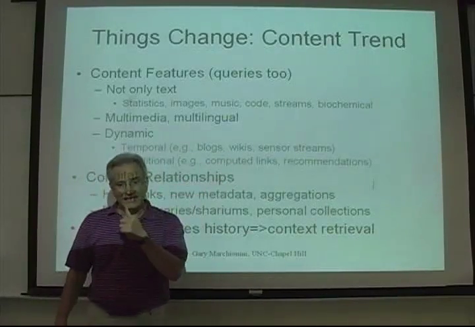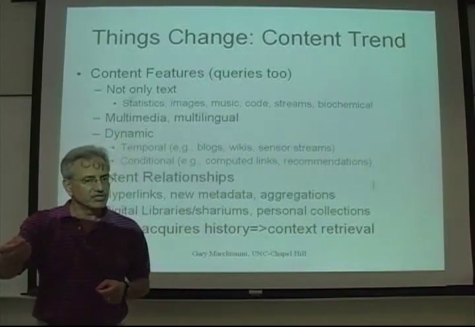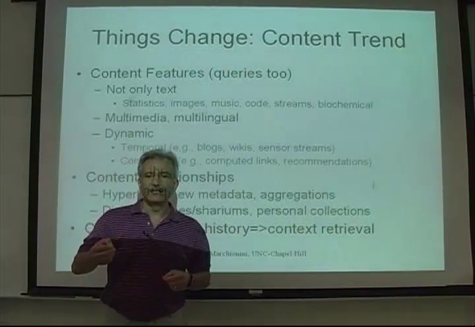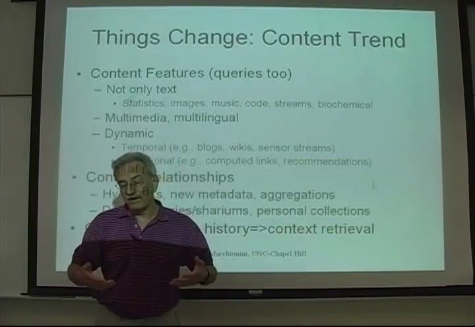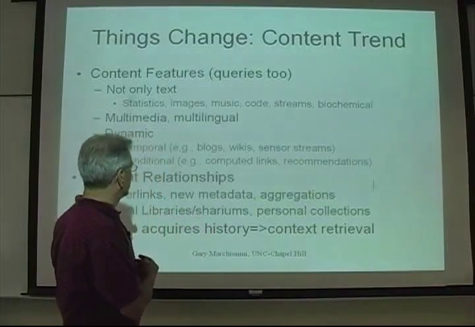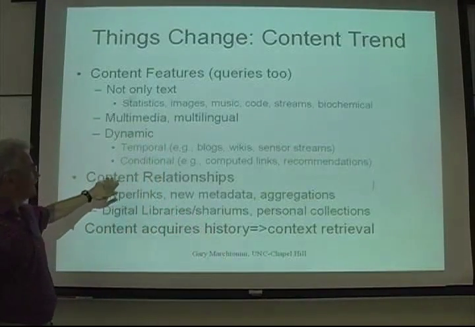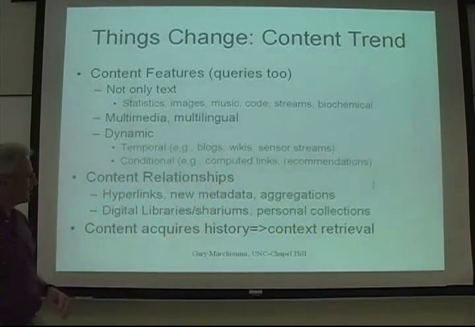Likewise, the computed link idea, in which where you end up or what results get displayed depend upon something that happened previously, or something, in the case of a user profile, that has changed and has been articulated to the system.